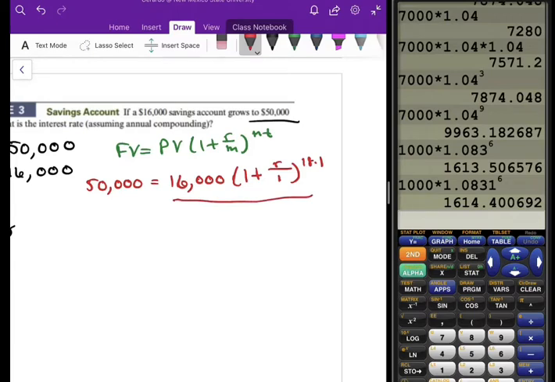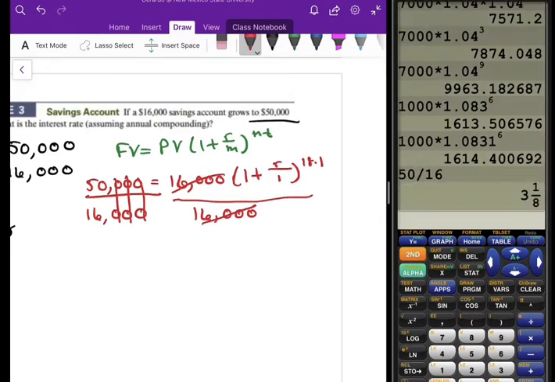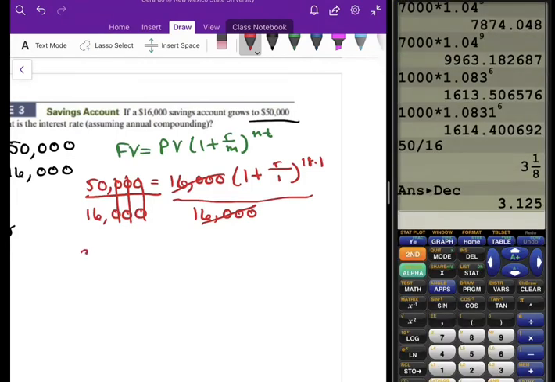So I'm going to divide both sides by 16,000. The zeros go away with those. So I have 50 divided by 16, which is 3.125, equal to 1 plus R to the 18th power.